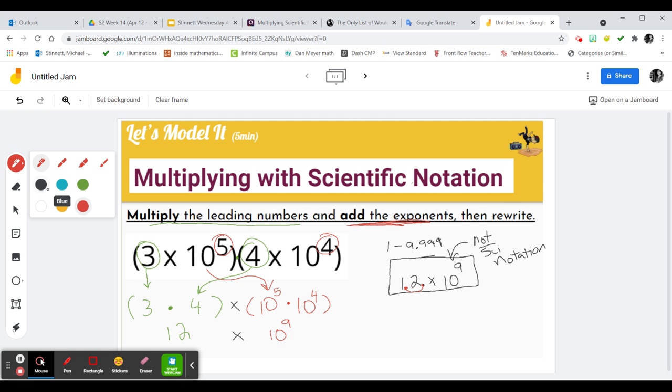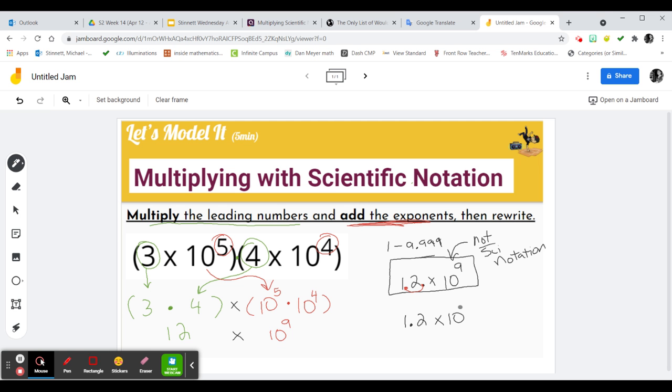We're going to rewrite it as 1.2. And it's still times 10 to some exponent, but it can't be the same exponent because we moved our decimal over, right? We changed the value of this number from 12 to 1.2. And since we made it a smaller number, we have to compensate.